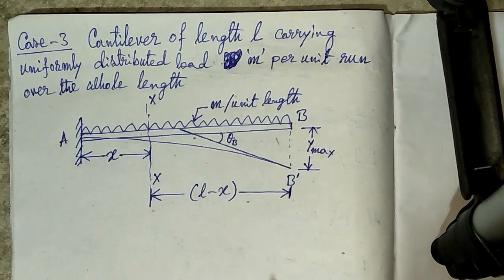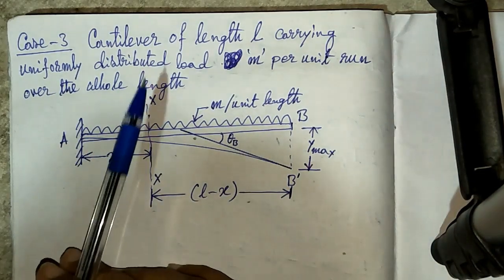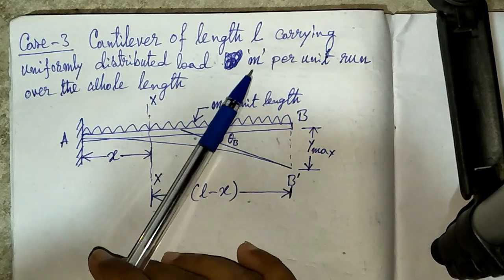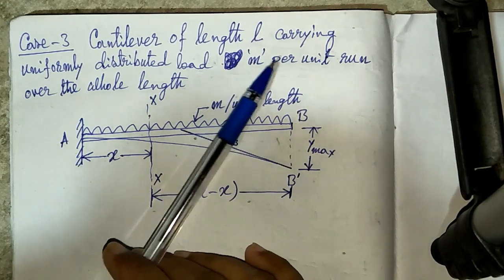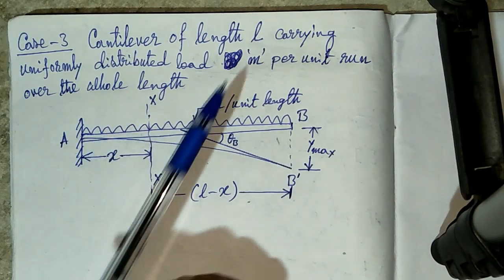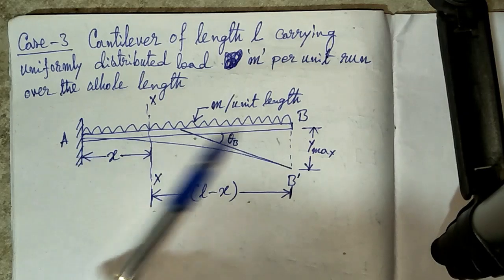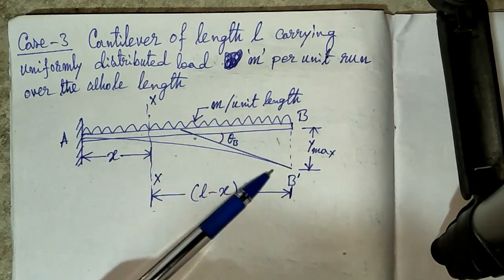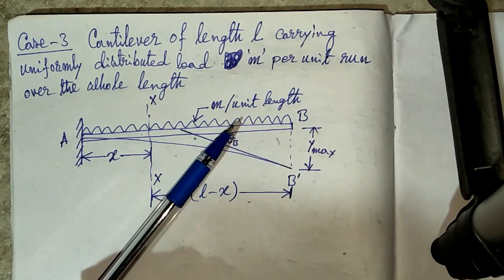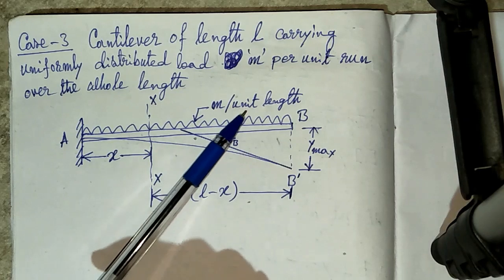As you can see, this is the third case, where a cantilever beam of length L carries a uniformly distributed load of w per unit run over the whole length. AB is the beam, and the total length is L. The uniformly distributed load is w per unit length.